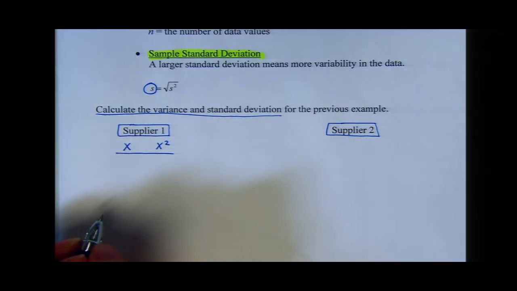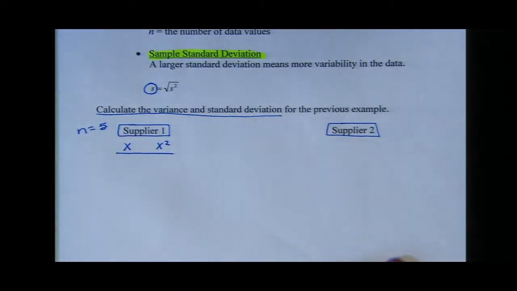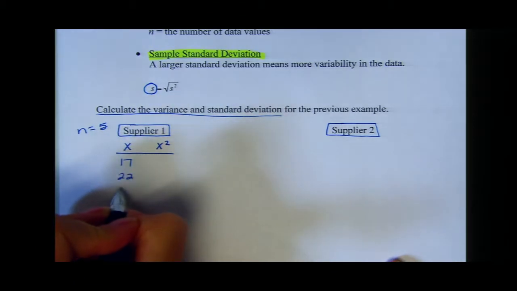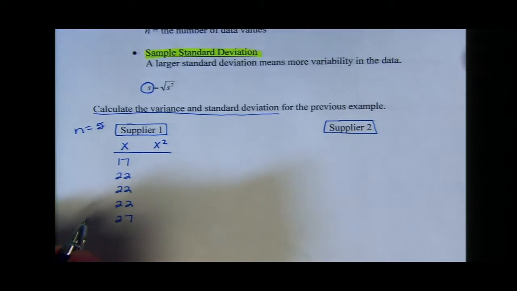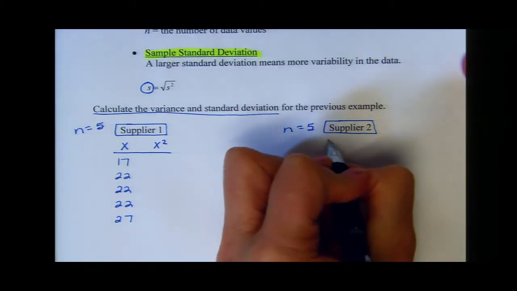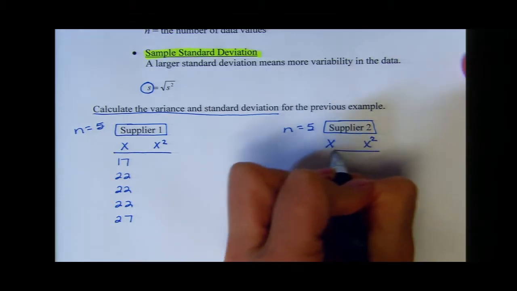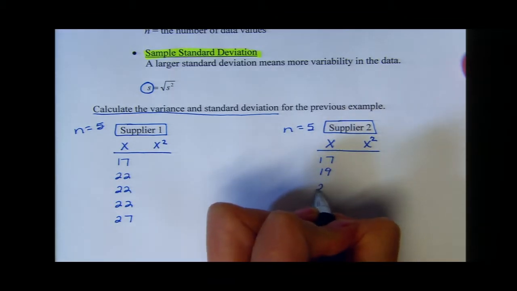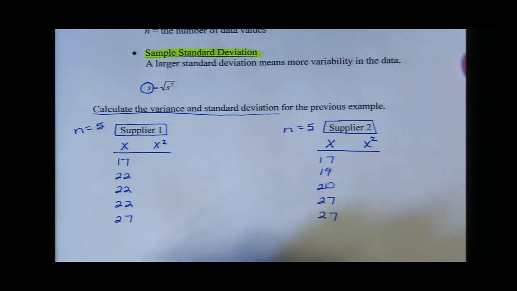Now, your X value is each data value. If you remember, it was a sample of 5. So it was 17, 22, 22, 22, 27, and supplier 2 also had a sample of 5, and it's 17, 19, 20, 27, 27.